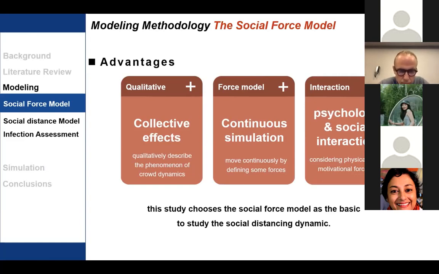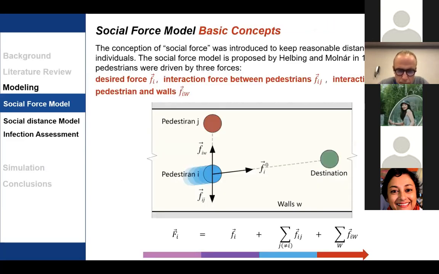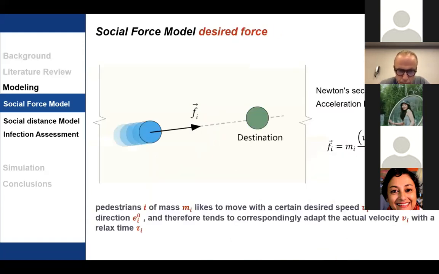This study chooses the social force model as the basis to study social distance dynamics. The conception of social force was introduced to keep reasonable distance among people. The social force model was developed by Helbing and Molnár in 1995, where the pedestrians are driven by three forces, namely desired force, interaction force between pedestrians, and interaction force between pedestrian and walls.